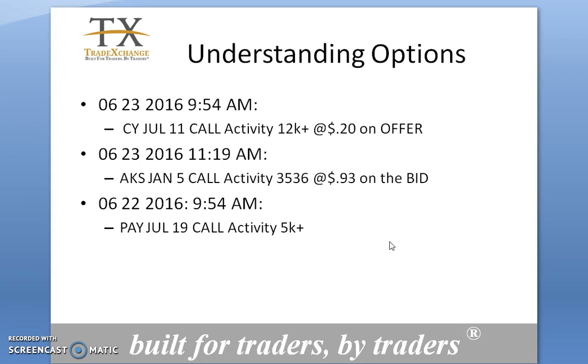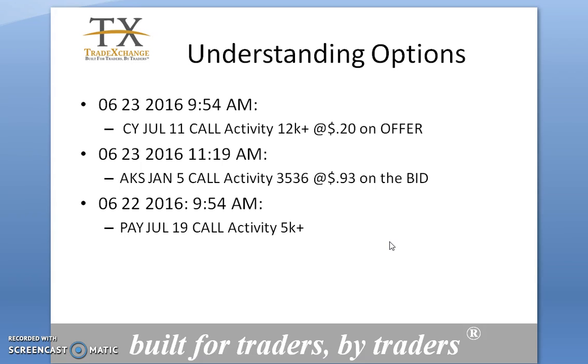Last week, for example, we saw in the morning CY July 11 call activity, 12,000 contracts at 20 cents on the offer. So you're taking 12,000 contracts times 100 multiplied by 20 cents on the offer. It's a bullish sentiment, but very interesting, the amount of contracts that we see in there.